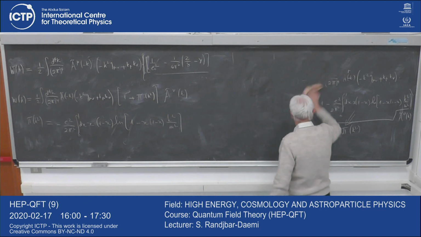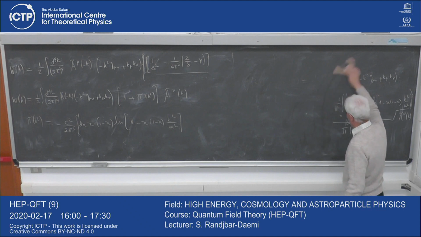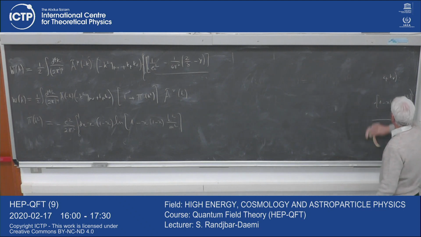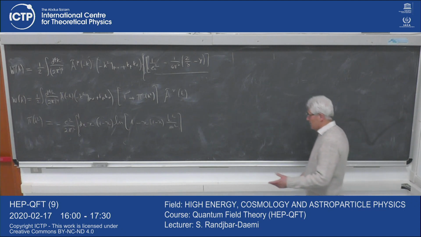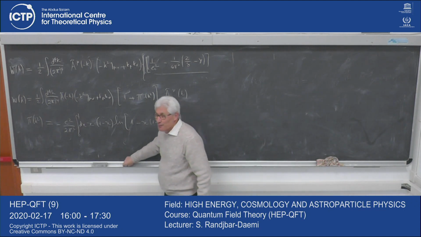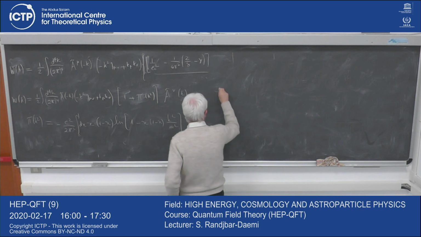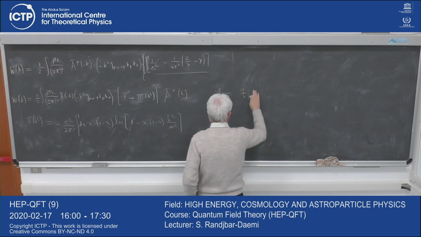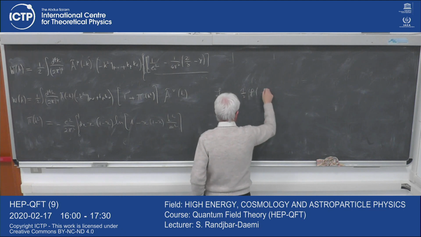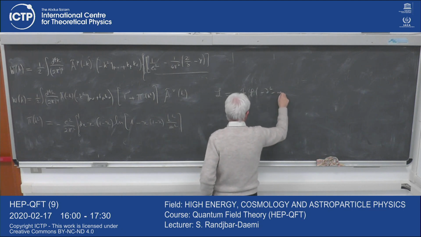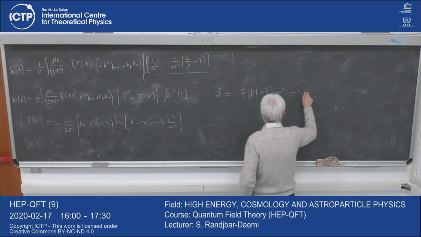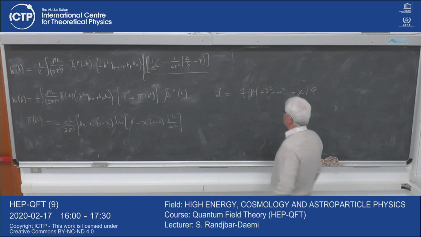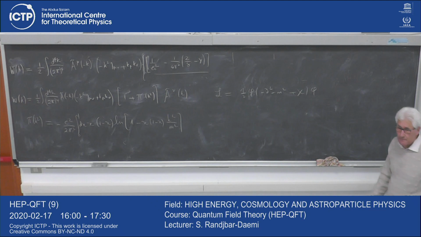You have to solve all parts of this exercise by yourself. I'm giving you the problem, not the solution. The guidance I'm giving you, but the solution no. So take L as 1/2 |∂φ|² minus m²|φ|² plus chi times phi squared.